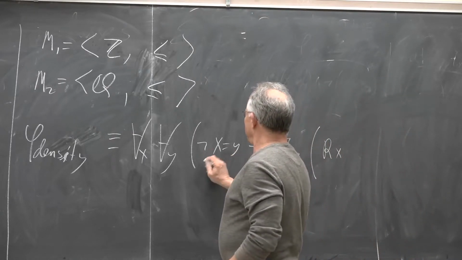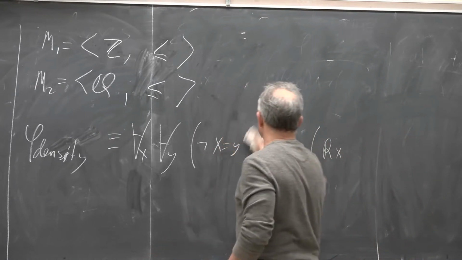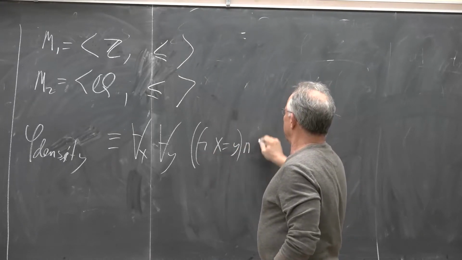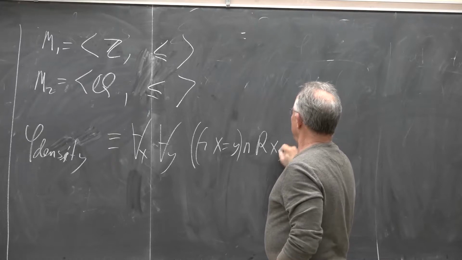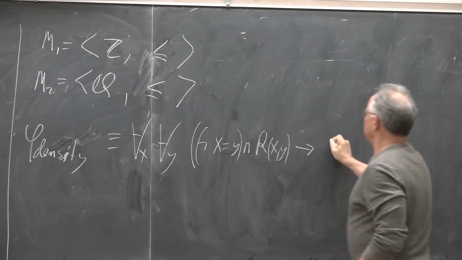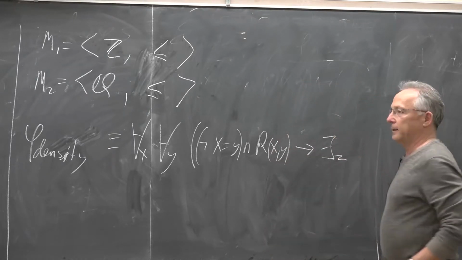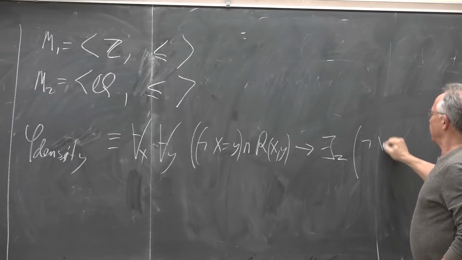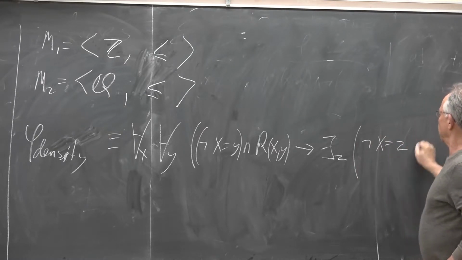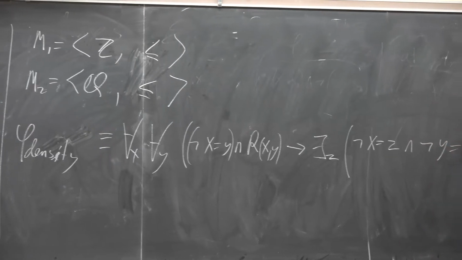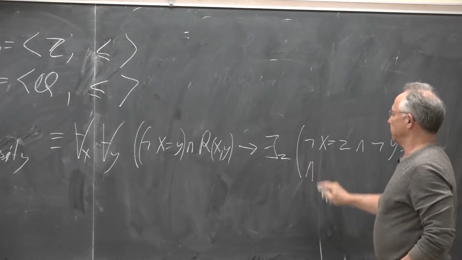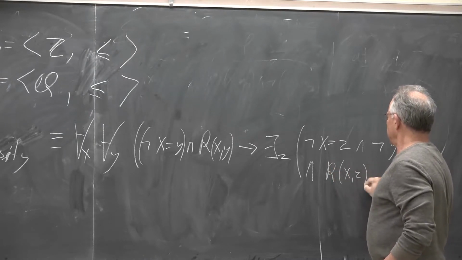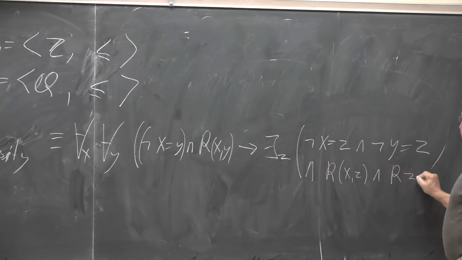So: not x equals y and R x y, then there exists z such that not x equals z and not y equals z and R x z and R z y.